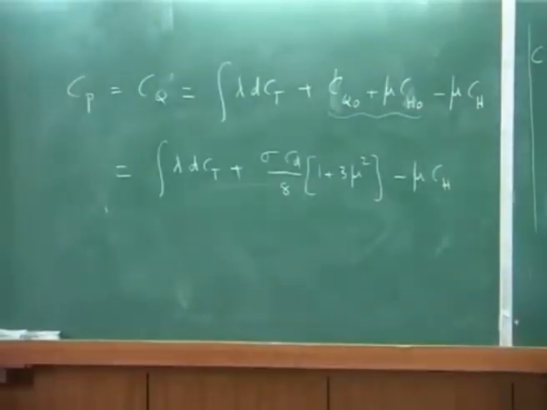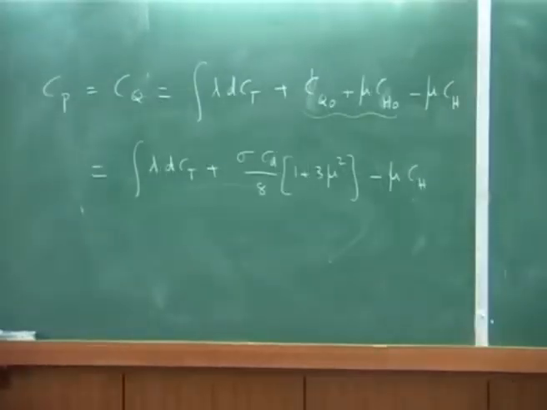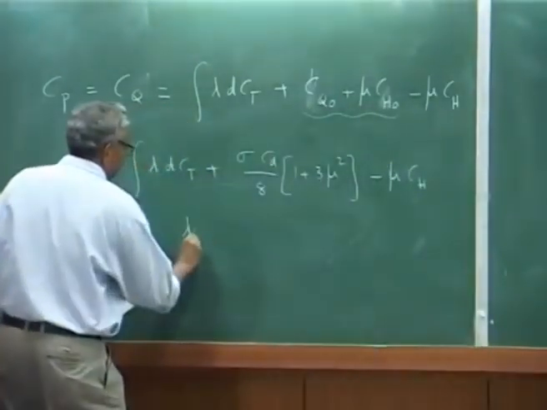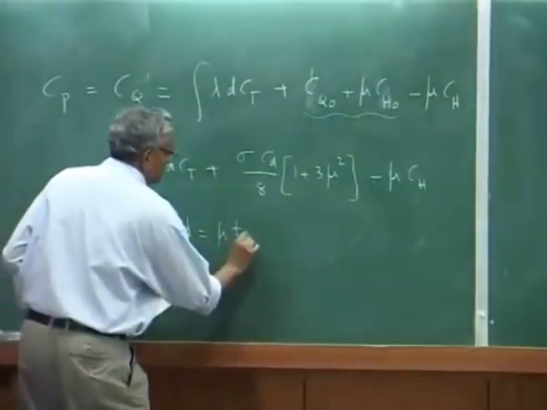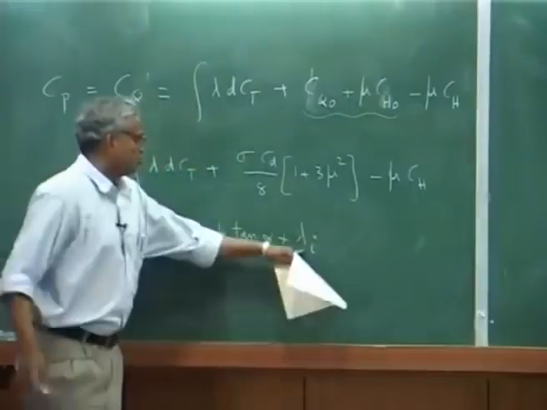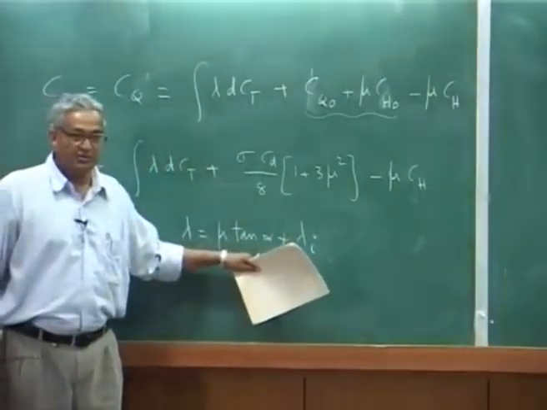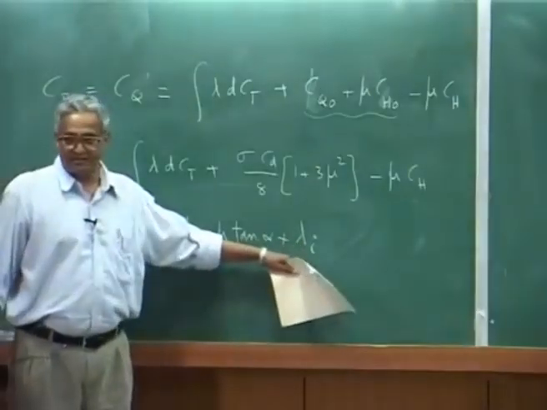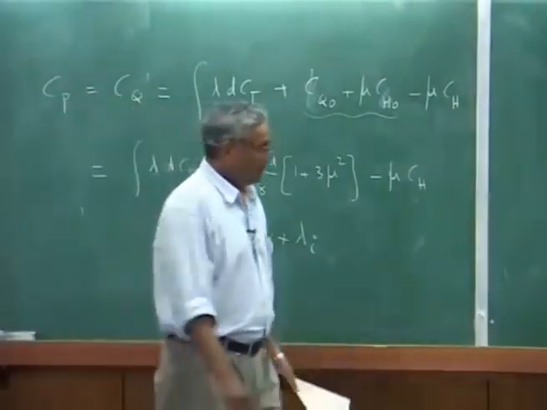Okay. So, what I am going to draw now is related to flight dynamics. Okay. It is related to flight. What is my lambda? Lambda is, go back to your notes, lambda i, this is the induced, plus the part due to the forward speed in the hub plane, mu tan alpha plus lambda i. You look back at your notes.